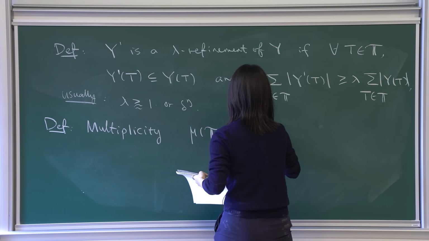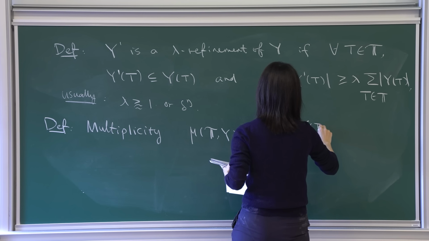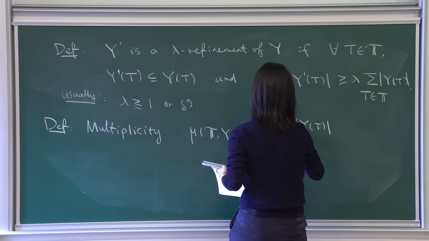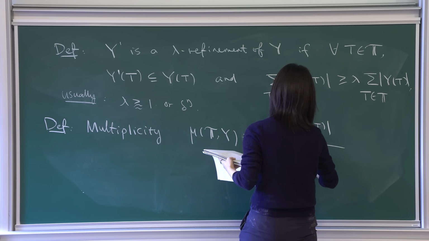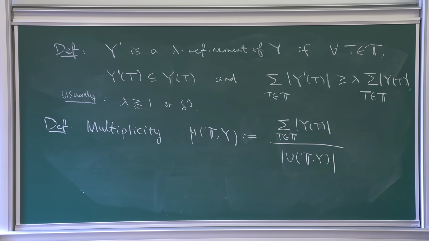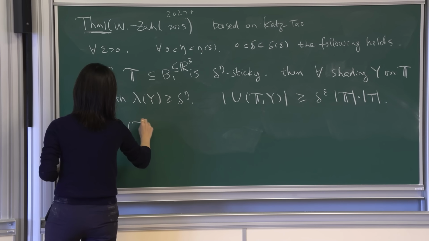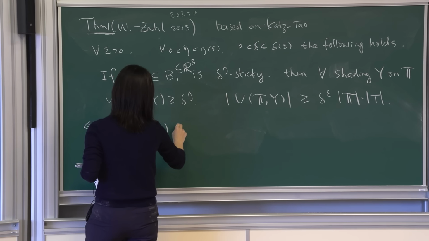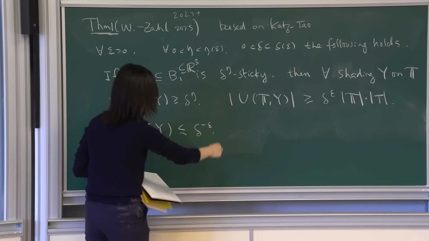The multiplicity is defined as the sum over the shading divided by volume. In other words, proving this theorem is equivalent to saying the multiplicity is less than delta to the minus epsilon, up to some etas.